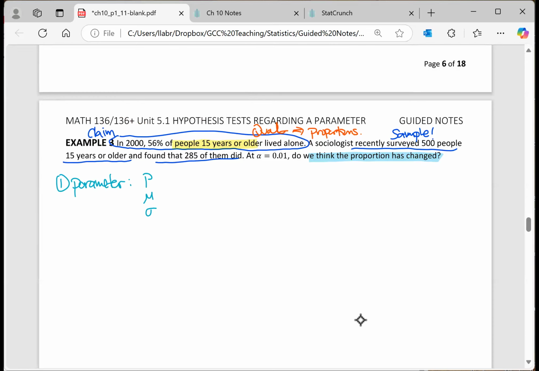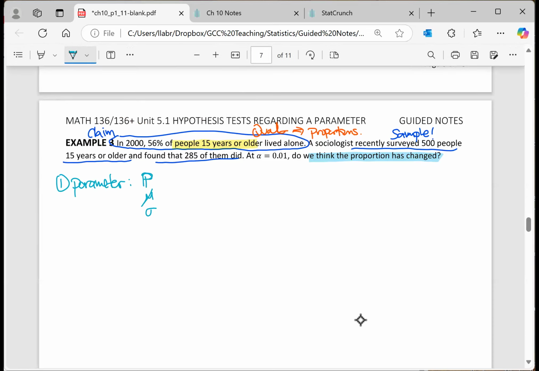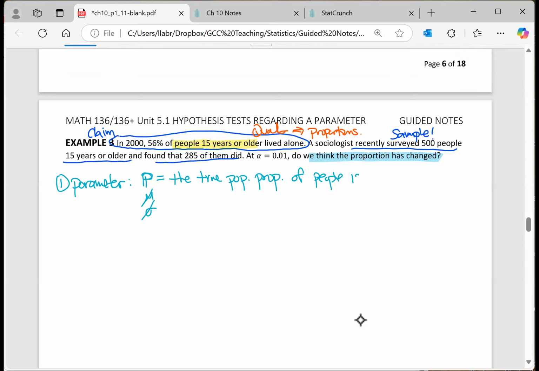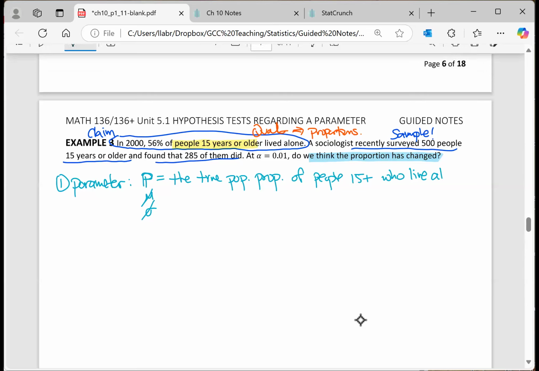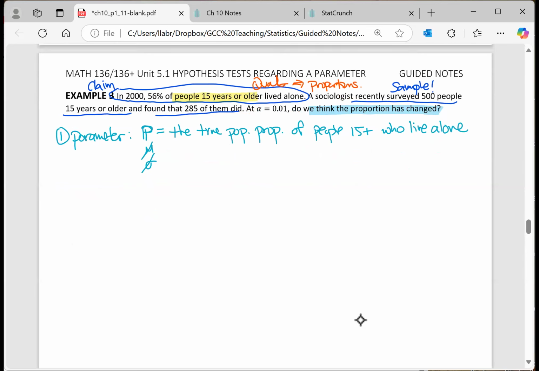For us, because we are dealing with a qualitative variable, we know it's going to be P. So P is going to be the true population proportion, always, of, and in this case, it would be people 15 plus, who live alone. So every time we see P, we're going to be talking about the true population proportion of people 15 years or older who live alone.